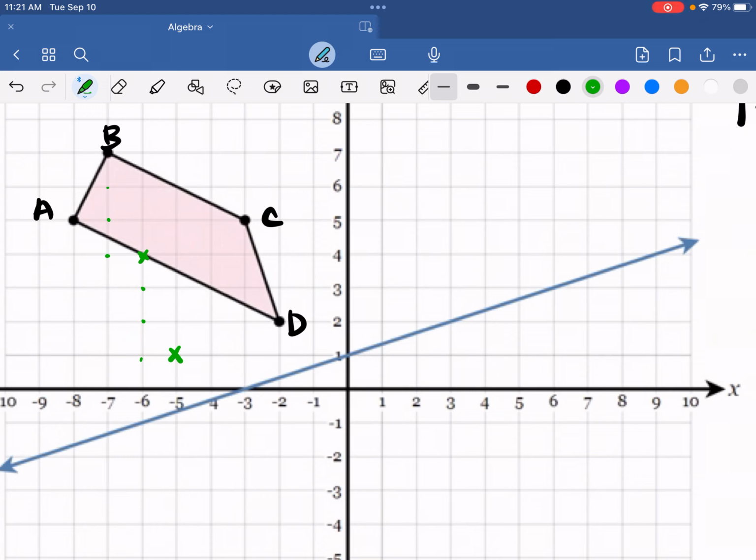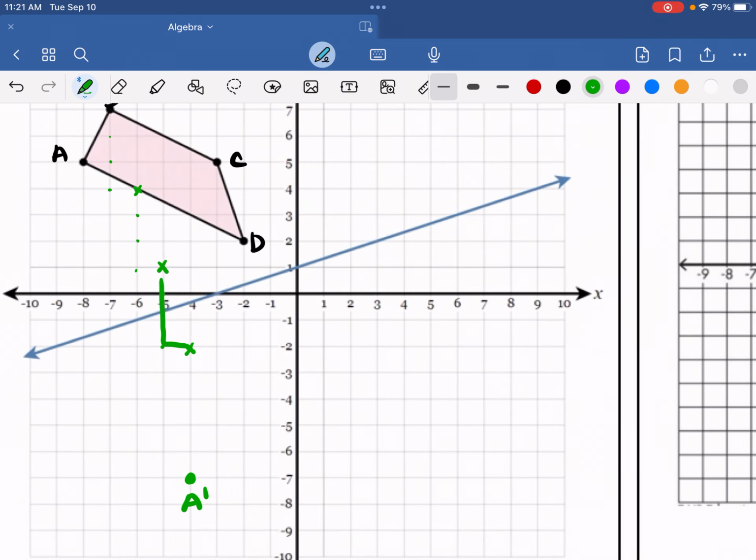But I do have 2 full sets, and then I'm going to go 1, 2, 3 over 1. Okay, so this one, I'm not really going to count it. It's just going to be 2 full ones, go over the line, and now I have to count 2 full ones. 1, 2, 3 over 1 once, 1, 2, 3 over 1 twice. And that is where B prime would be.